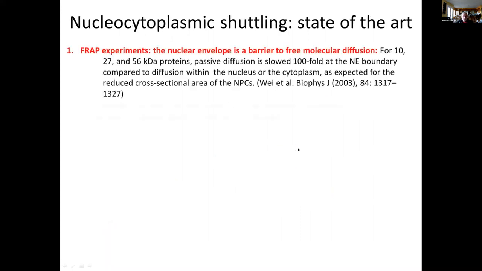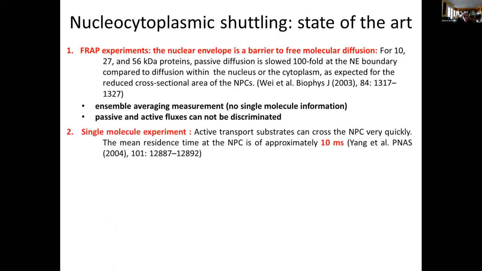Okay, so first of all, people have studied this phenomenon for many years, and they have found that for a 10, 27, or 50, up to 57 kilodalton protein, passive diffusion is lowered by 100-fold at the nuclear envelope boundary compared to diffusion within the nucleus of the proton, as expected. So this is very slow because the particle has to diffuse through the nuclear pore complex.